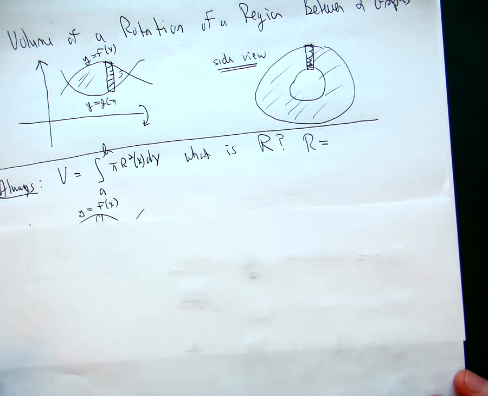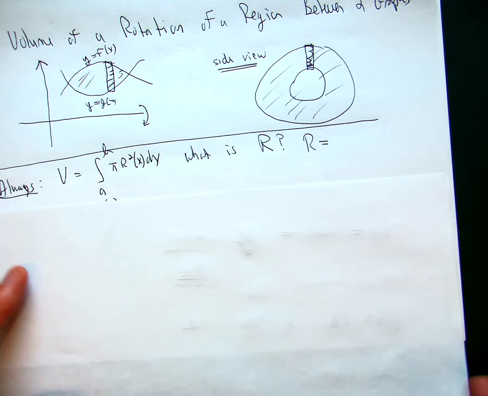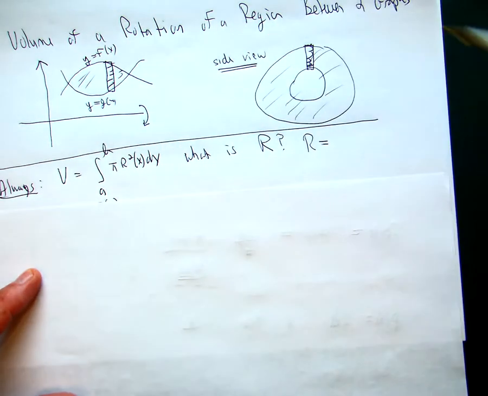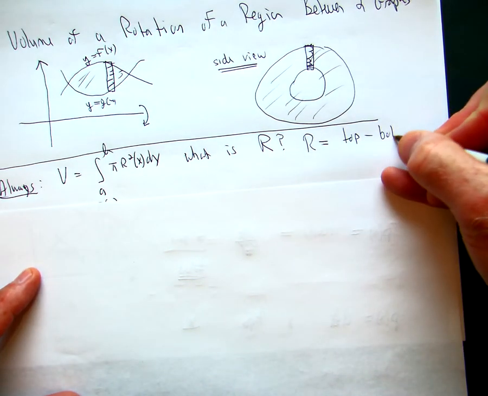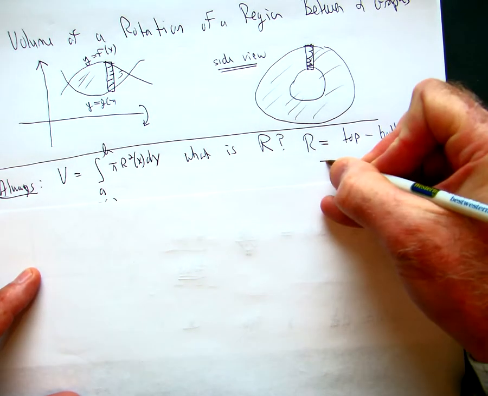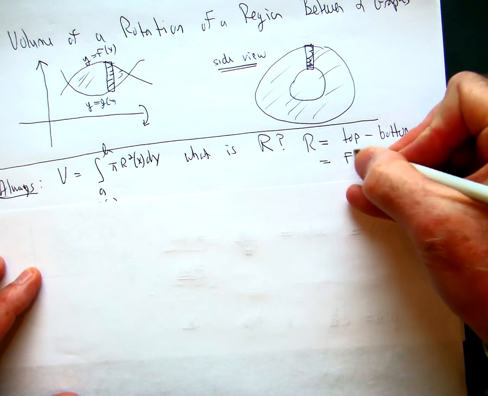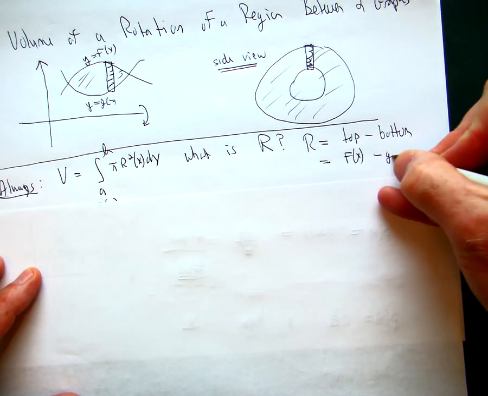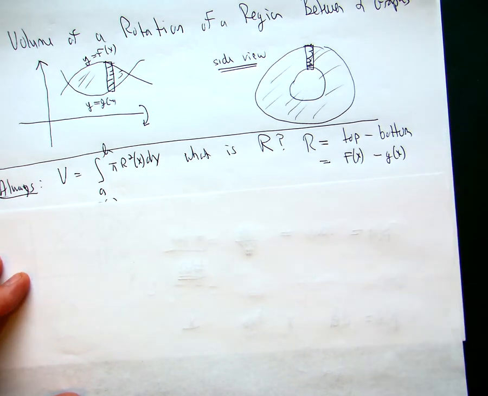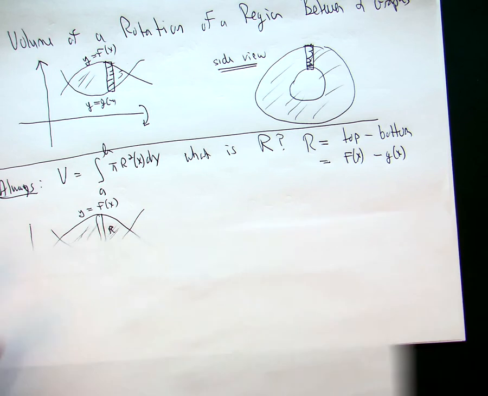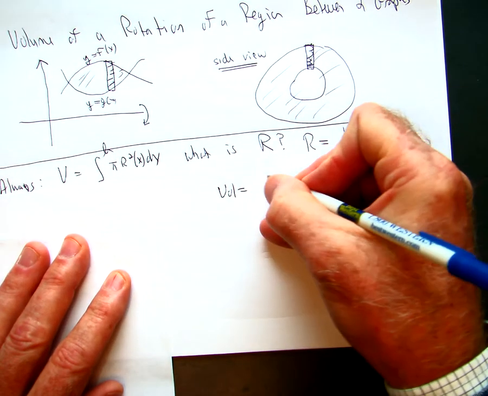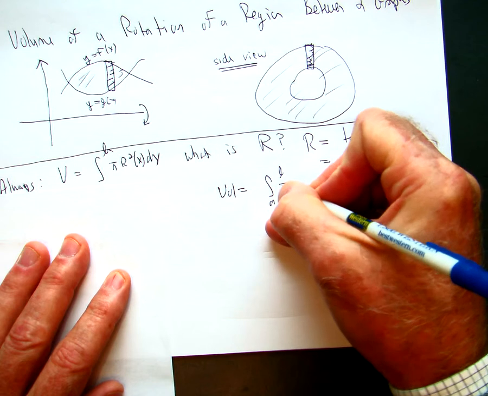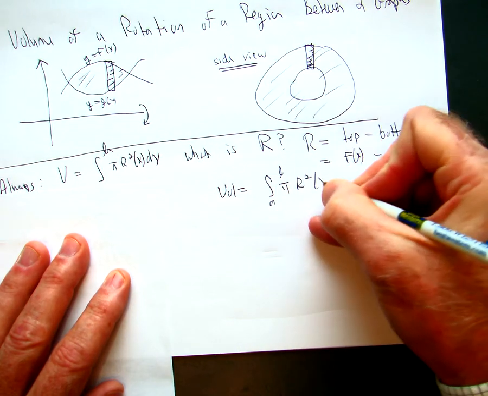So always we have this formula. Well, volume is pi r squared. Well, what's r going to be? It's the top minus the bottom. And that's going to be f of x minus g of x. Okay, and so that would mean that my integral, we'll get to that in a second, is going to be volume is equal to the integral from a to b of pi r squared dx.